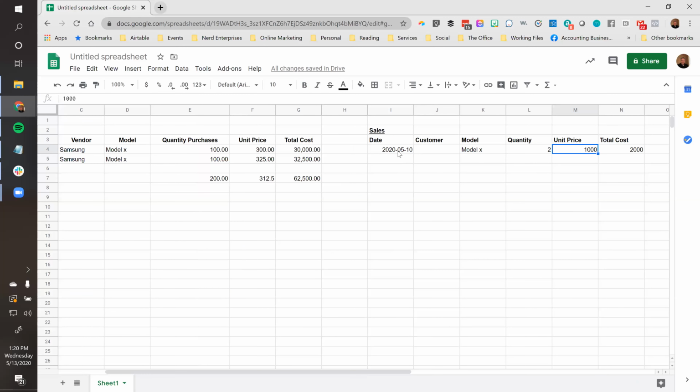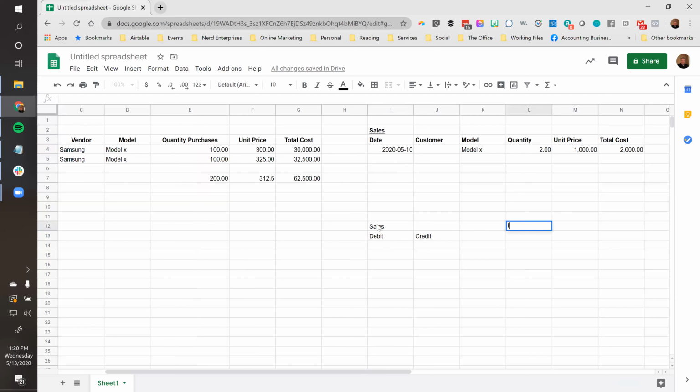Right, so I've got two of these sold at 1,000 a piece. Okay, so now what does that look like on the balance sheet and the P&L, right? So we're going to do sales, debit and credit.